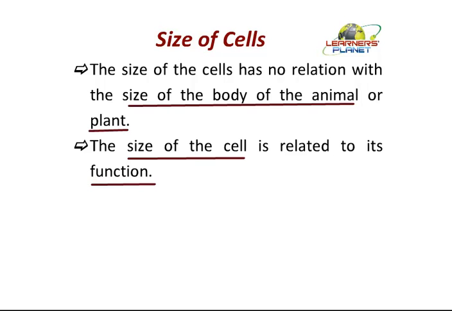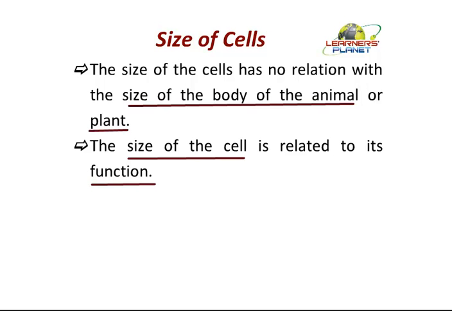It is never so that a fat human being will have very large cells, or a very thin or slim person is going to have a very small size of the cell. It is never so. The size of the cell is always standard. It varies with different types of cells. For example, if we compare the size of the nerve cell with that of, let us say, a sperm, then you can imagine that these two are going to show a difference.